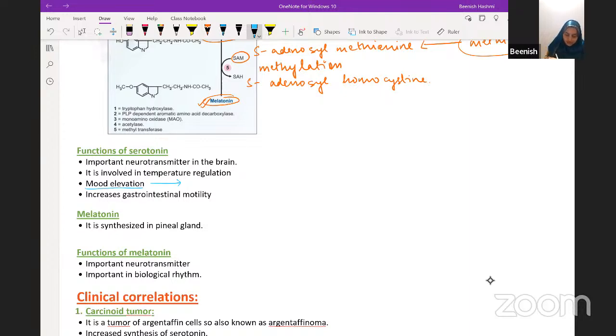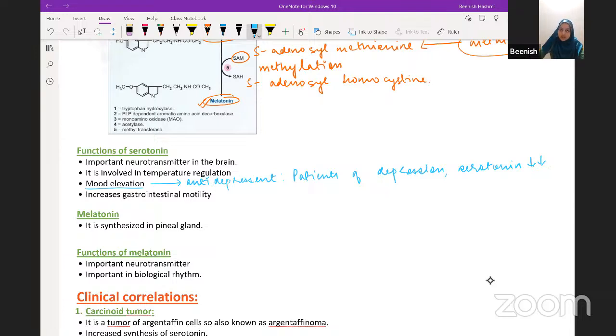It is used as an antidepressant, because in patients of depression, serotonin levels are low. Serotonin is decreased.